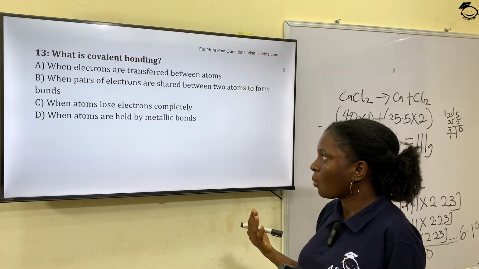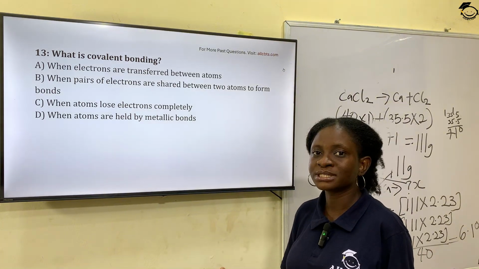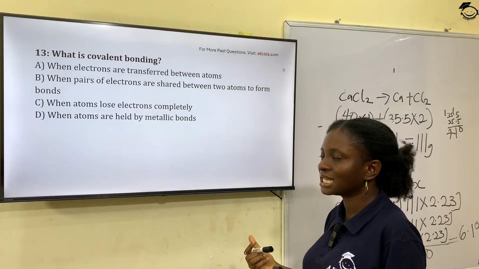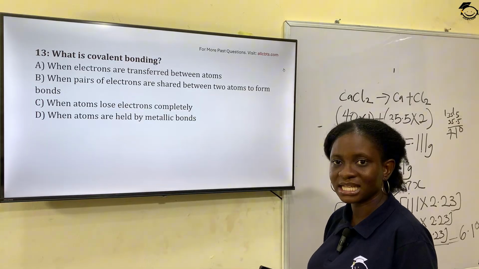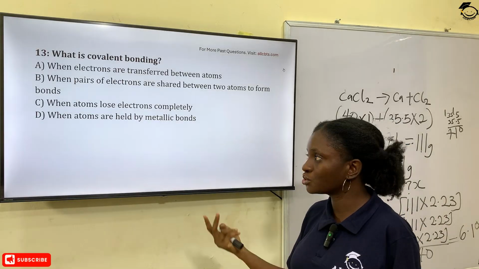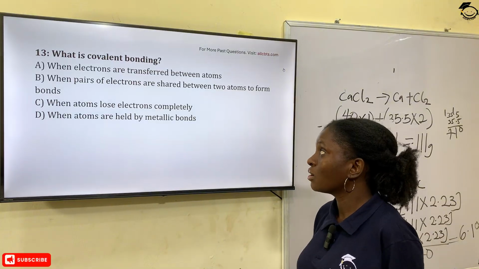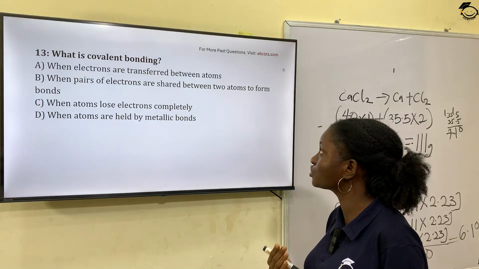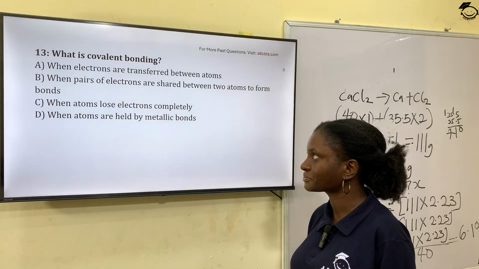Option C, when atoms lose electrons completely. Option D, when atoms are held by metallic bonds. Co means you share something, and valence, pairs of electrons are being shared between two atoms. So option B is the correct answer.